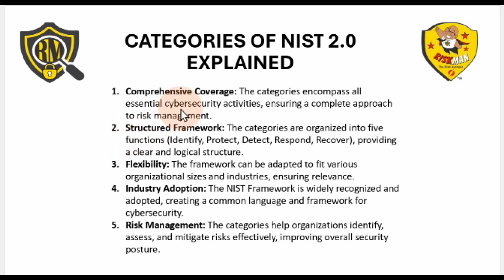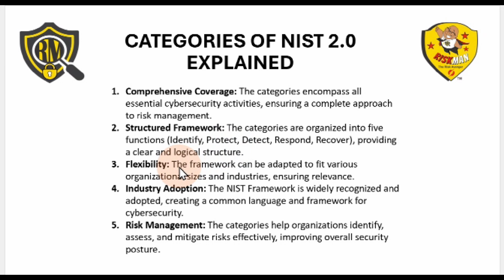So the categories, if we just go over it at a high level, in 2.0 there's more comprehensive coverage. It's a structured framework. That means that the categories are organized into 5 functions, which the 1.0 is as well, but it's a lot more clear and logical.